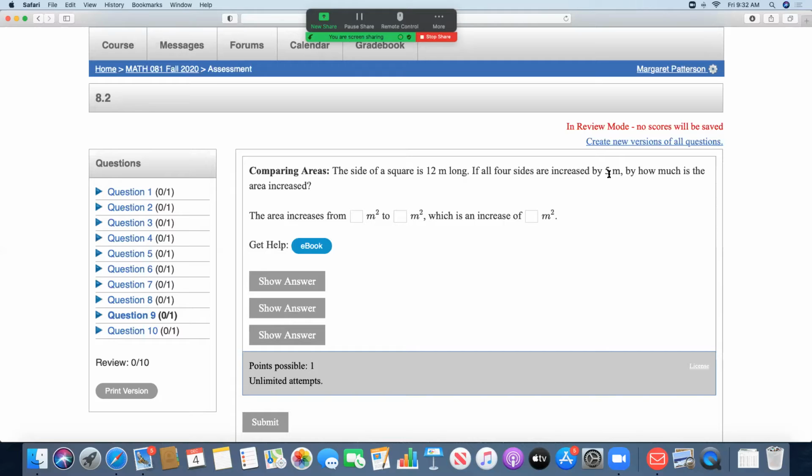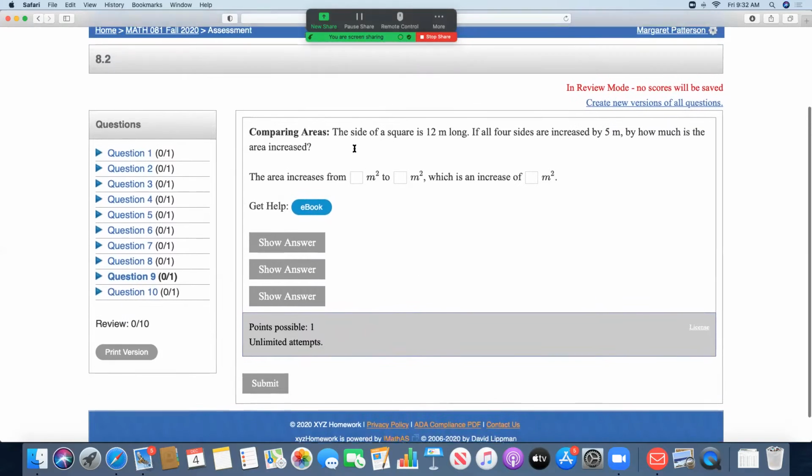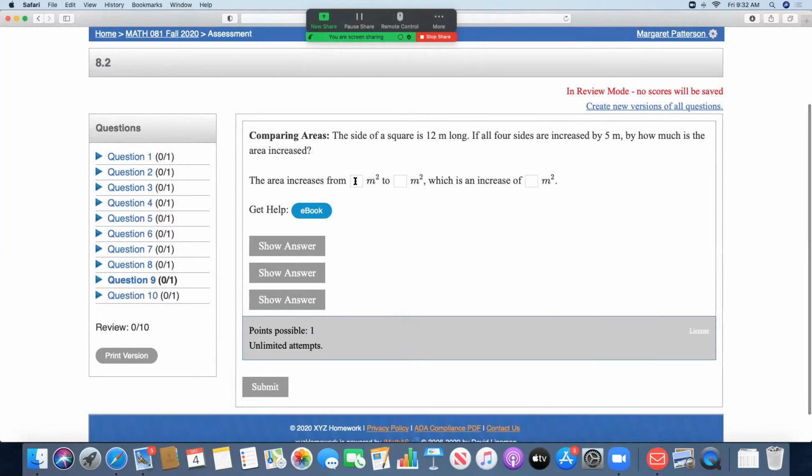If you multiply that square out, 17 by 17, I think it's 289. Yeah, so that would be 289 square meters, okay? So the area increases, and this is where you'd fill it in, from 144 to 289.